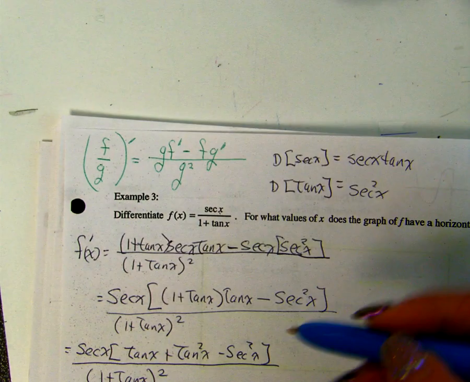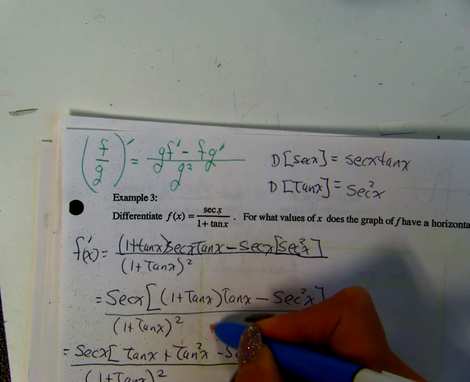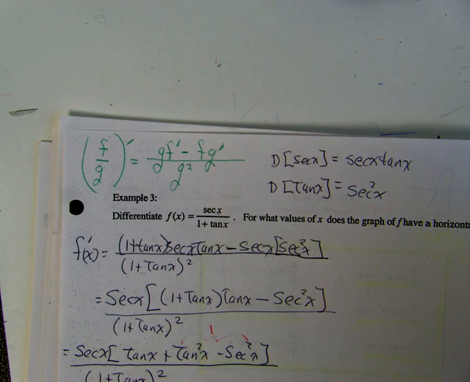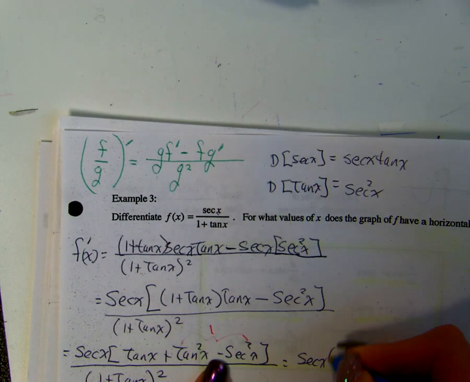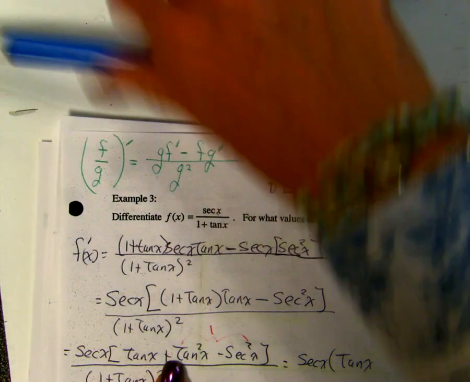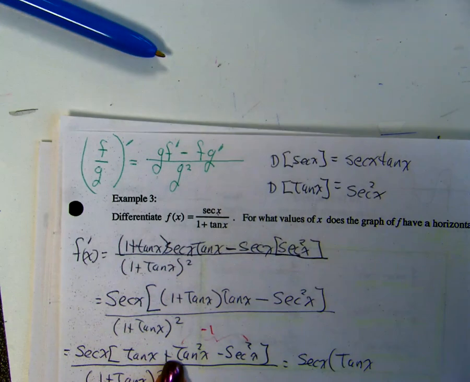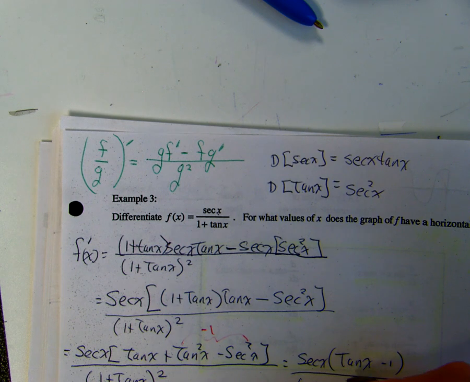As in, what is tan squared minus secant squared? Yeah. Okay, so this is secant x bracket tan x. Oh, actually, it's not 1, is it? It's negative 1. Minus 1 all over 1 plus tan x all squared.